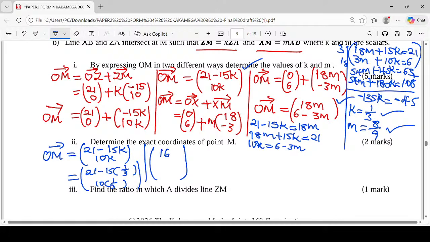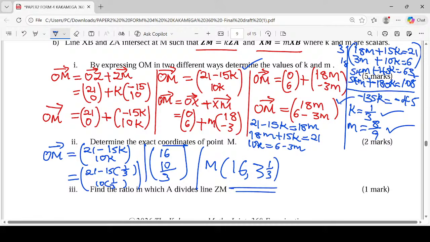Then 10 times a third, that will be 10 over 3. But now look at the statement. They want it in coordinates form. So that means the value of M as a coordinate will be 16, and 10 over 3. Remember they want the exact coordinate. So 10 over 3 will be 3 and a third.